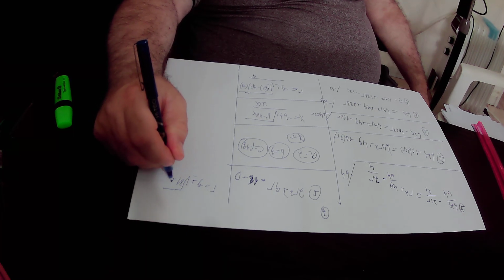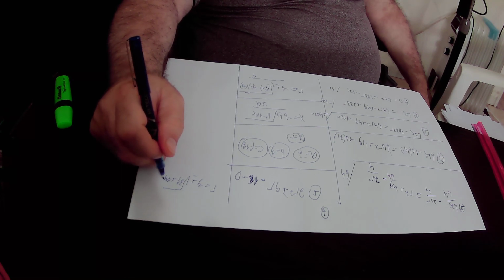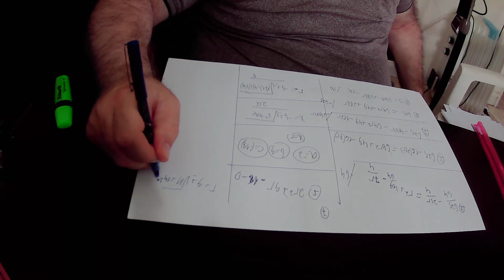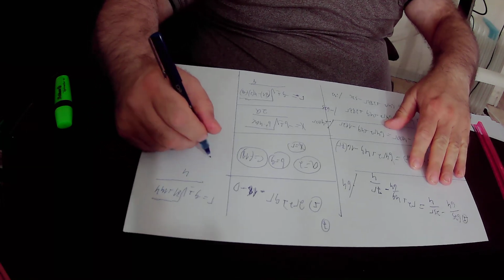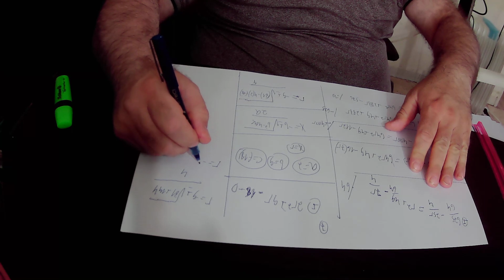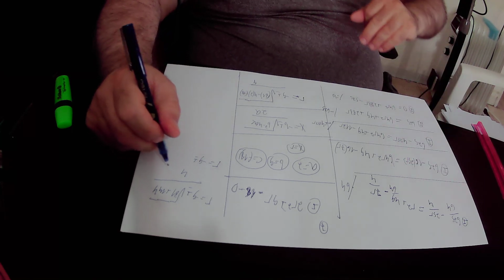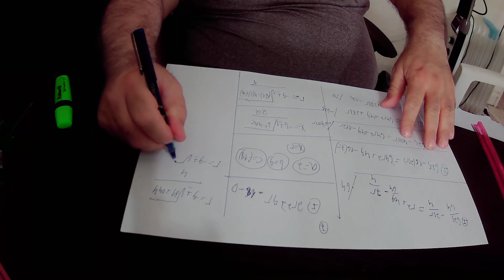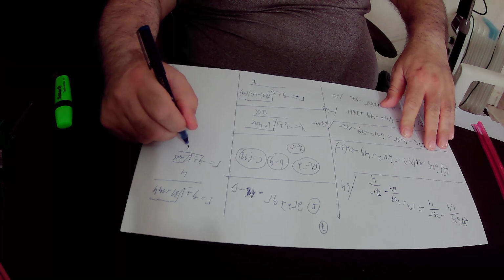So inside the root we have 81 plus 144, divided by 4. 81 plus 144 is 225. So inside the root we are left with 225, over 4.